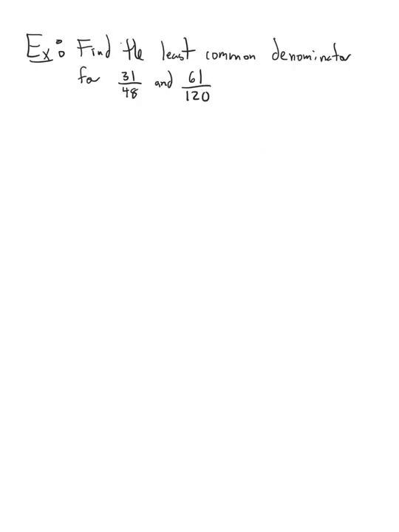When we start dealing with fractions, especially when we're going to add or subtract them, we want kind of as small numbers as possible just to make our lives easy. So an important thing is getting a least common denominator. So have a think about if you could determine the least common denominator for these two fractions, 31 over 48 and 61 over 120.